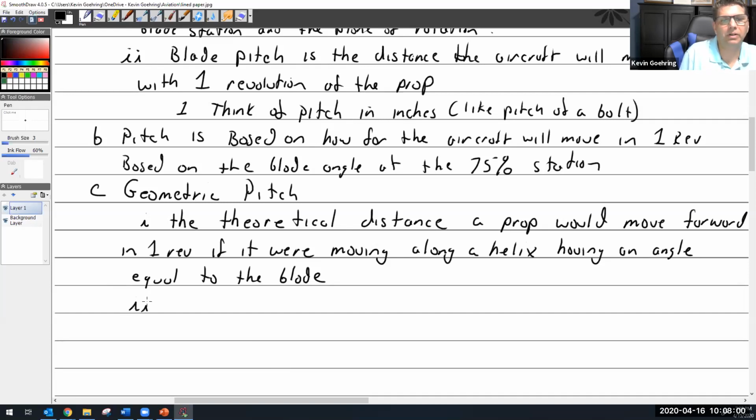One more note here, and then I'll go to a slide. It is linear, and measured in inches.